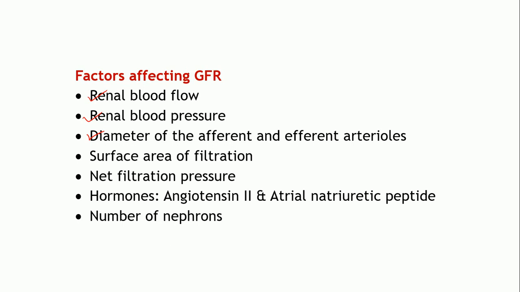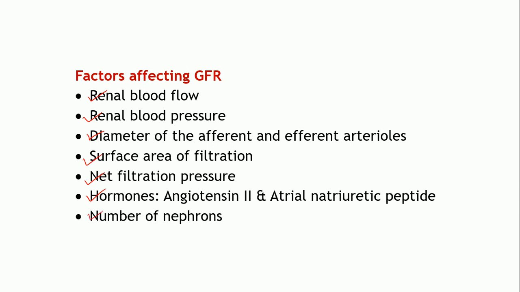The surface area of filtration, if it is more, GFR will be increased. The net filtration pressure, more the net filtration pressure, greater will be the rate of the filtration. There are two hormones also, that is angiotensin 2 and the atrial natriuretic peptide, which either decrease or increase the GFR respectively.